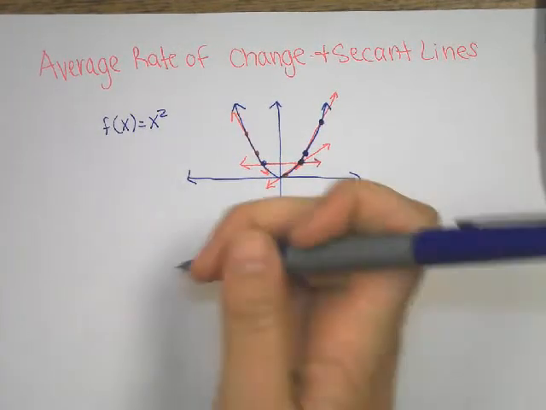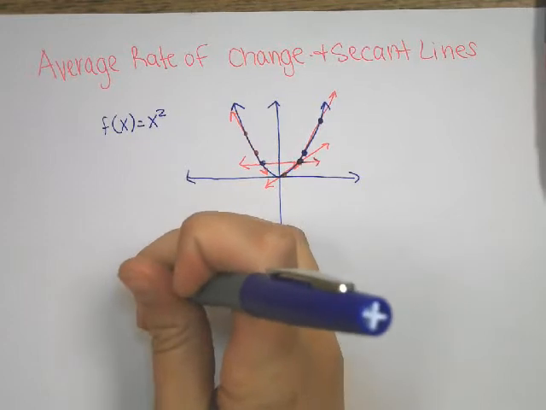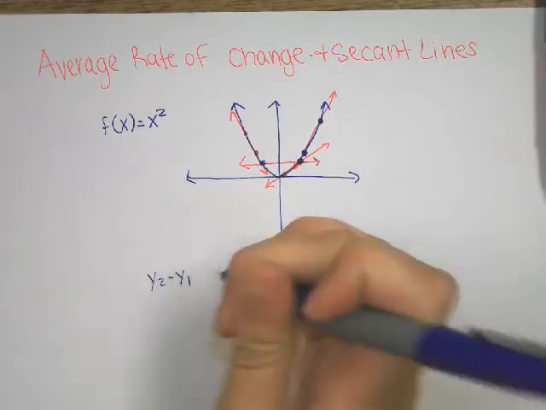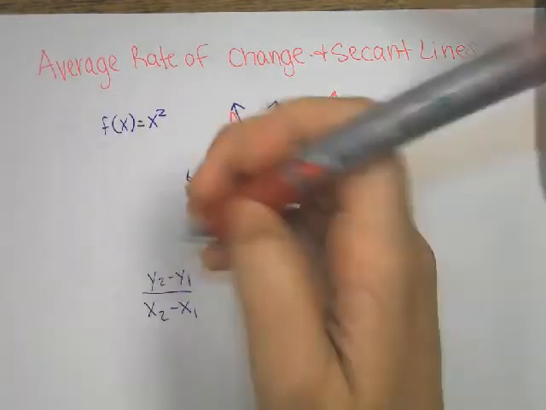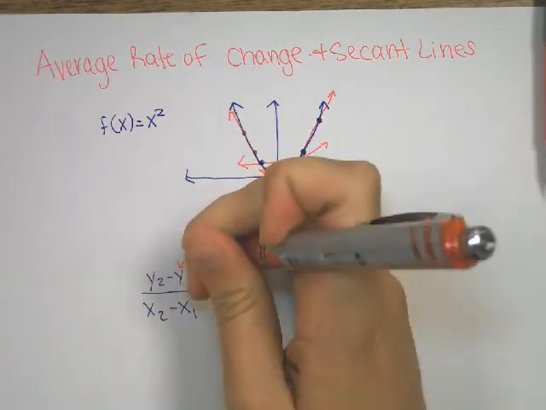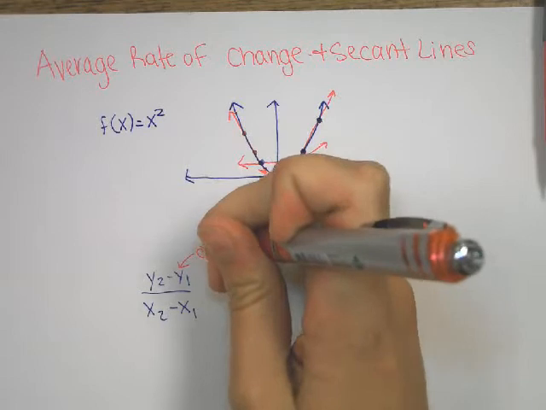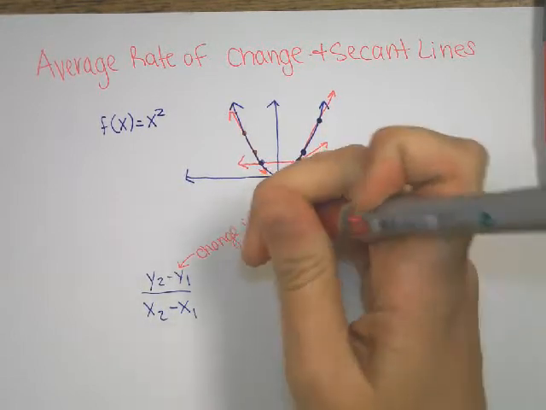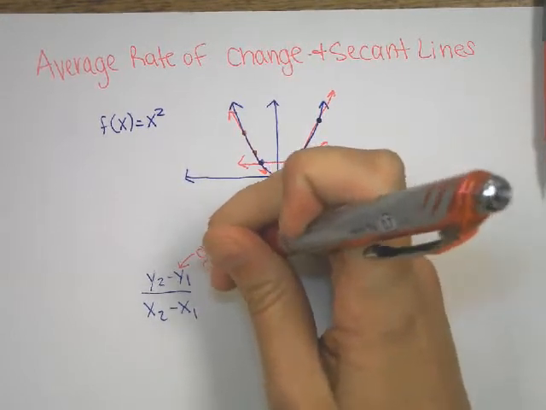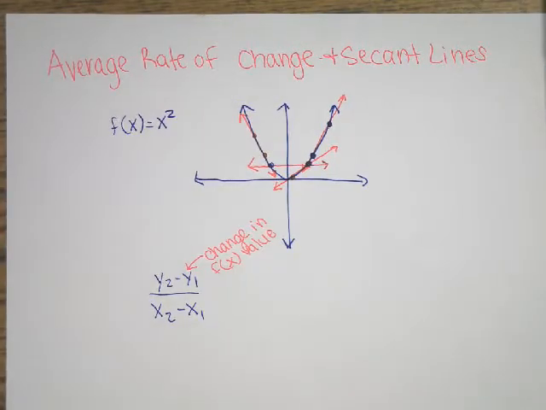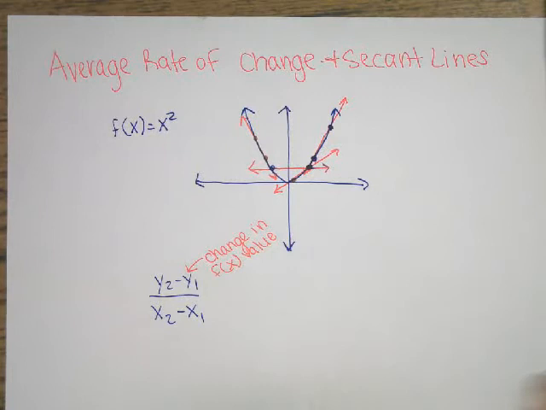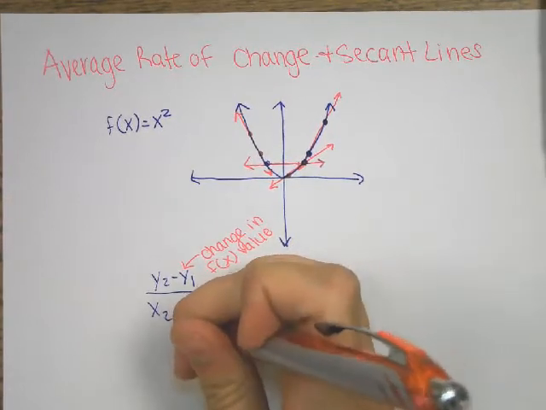So this is going to be directly related to, in Algebra 1, when we did y2 minus y1 over x2 minus x1. This is the change in function value. So although in Algebra 1 we used y instead of f of x, it's the change in your outputs, it's change in your y values.